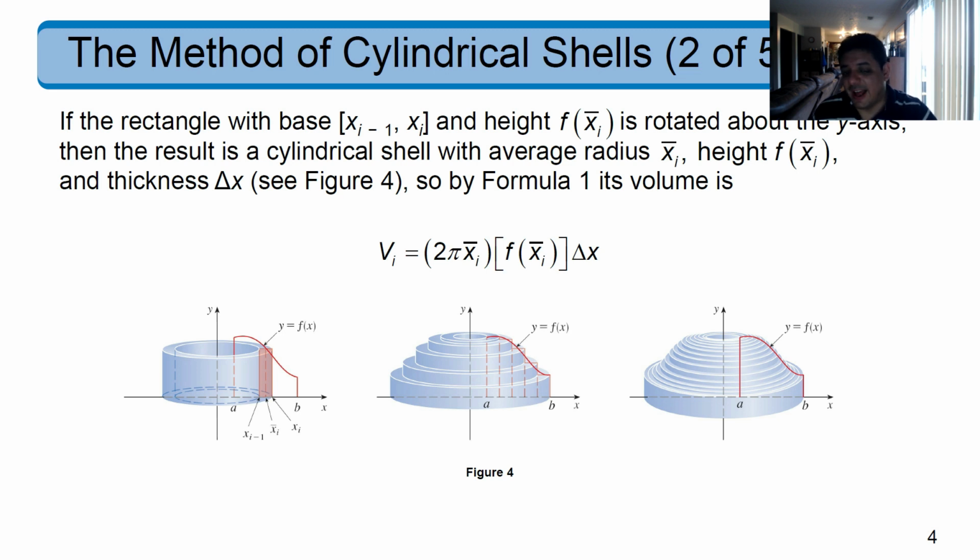So we have a bunch of cylinders approximating the volume of the solid. Then we do the same thing as before: we reduce the thickness of the cylindrical shells, so we have many more of them and can approximate the volume of the solid with much less error.